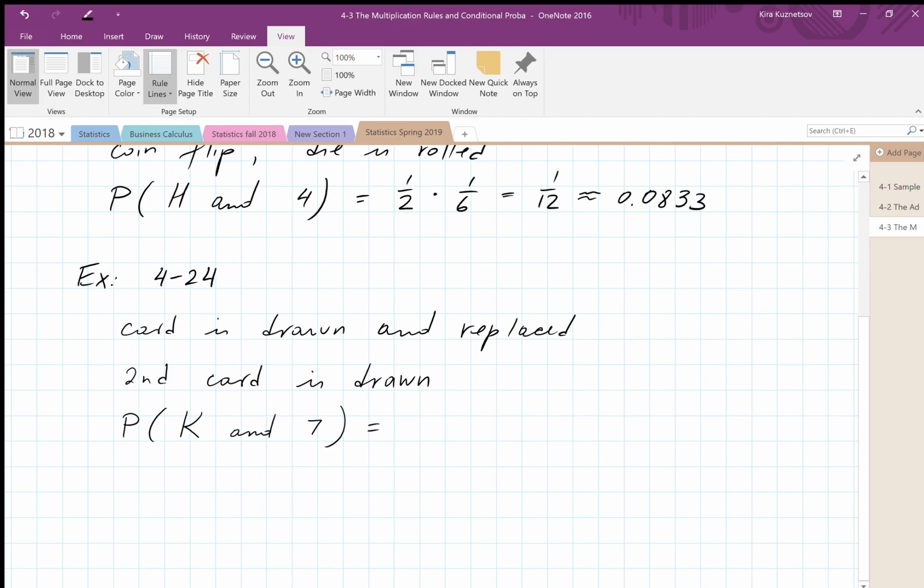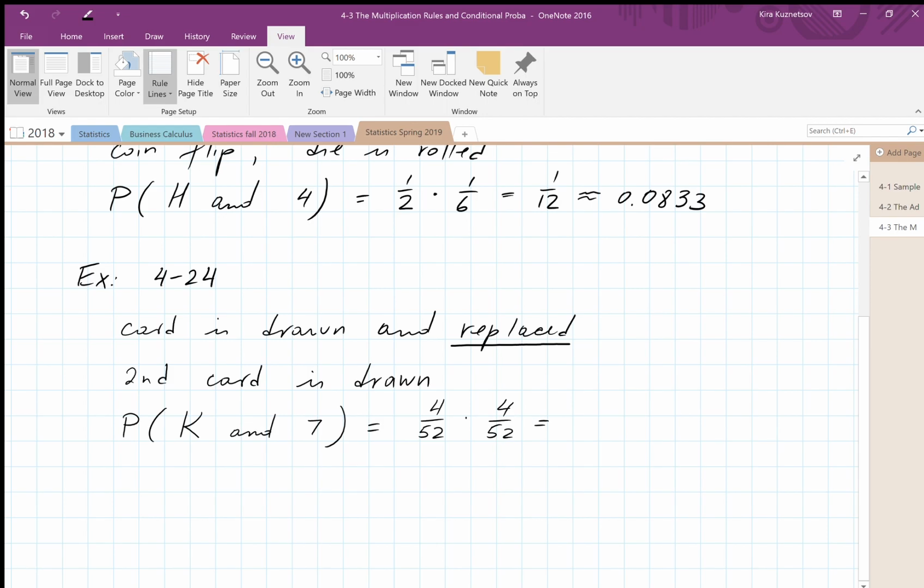Now, the fact that this was replaced tells me that the events are independent events. Therefore, the probability of getting a king is 4 out of 52. The probability of getting a 7 is 4 out of 52. This does not change.